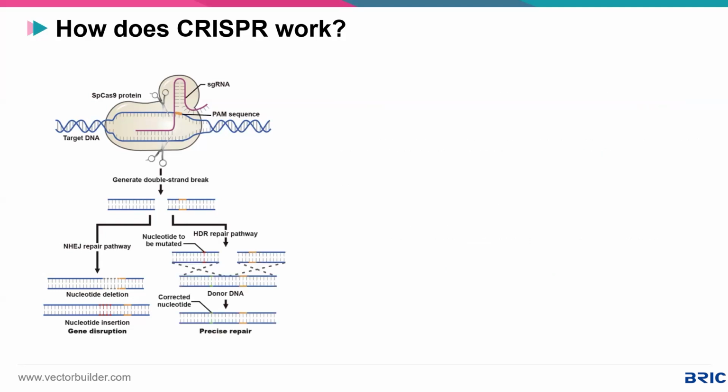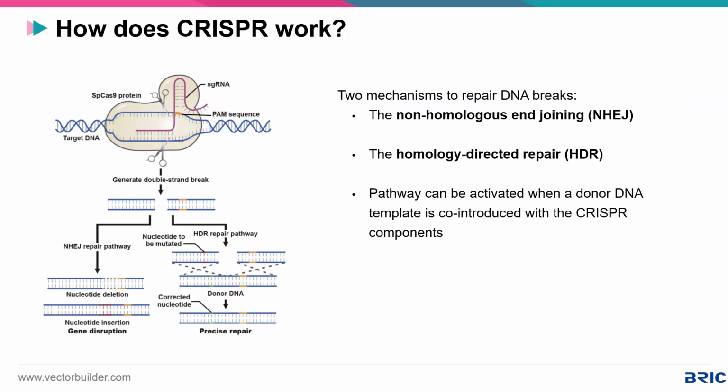The other mechanism that can happen at the double-stranded break is called the HDR repair pathway, or homology-dependent repair pathway. How this works is that there is a double-stranded break, and we introduce another component here, which is a donor DNA. The donor DNA typically contains the insertion site, what we want to be present at the break site, along with two homology arms targeting the site where the double-stranded break happened.